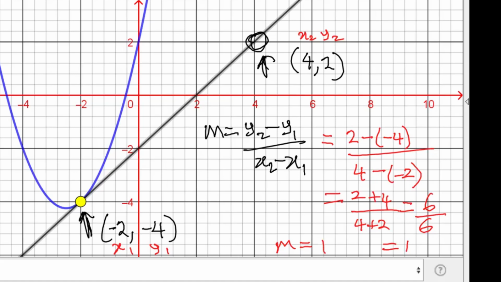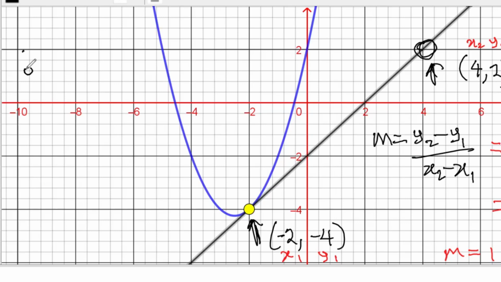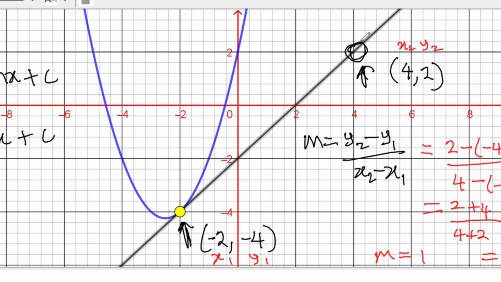Since the general equation of a straight line in gradient-intercept form is y equals mx plus c, where m represents the slope, and the slope is 1, we are going to have y equals 1s, which is the same thing as s plus c. We can pick any of these 2 points, since the tangent passes through both.